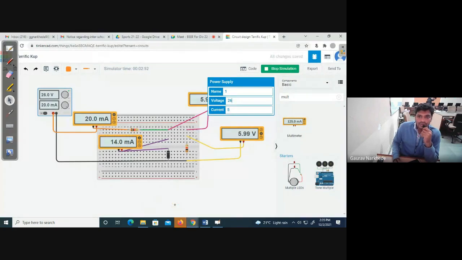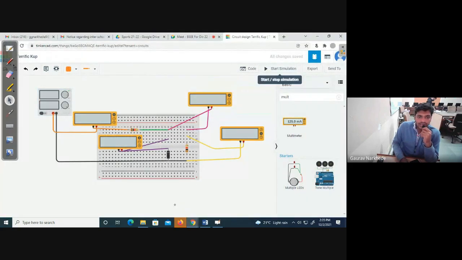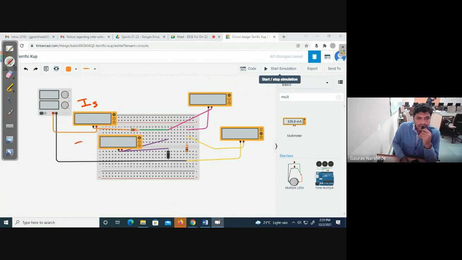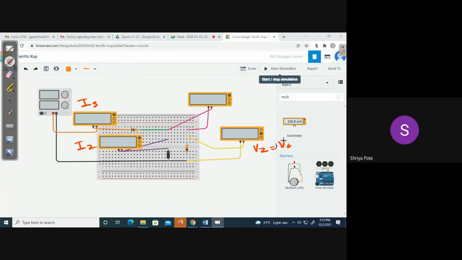So I am stopping the simulation and again we will write this. This is IS, this is IZ, this is VZ equal to V naught, and this is IL.